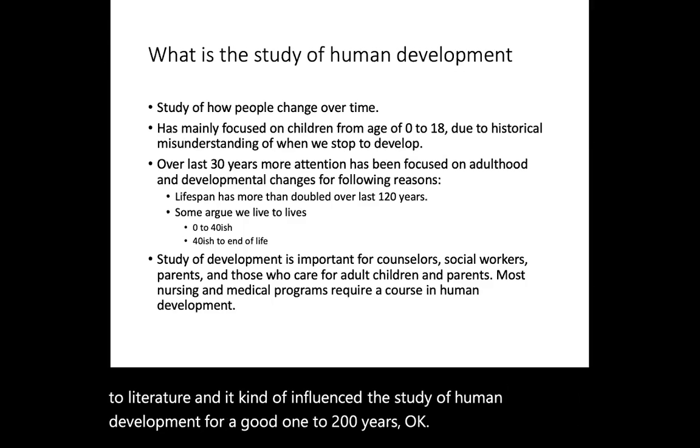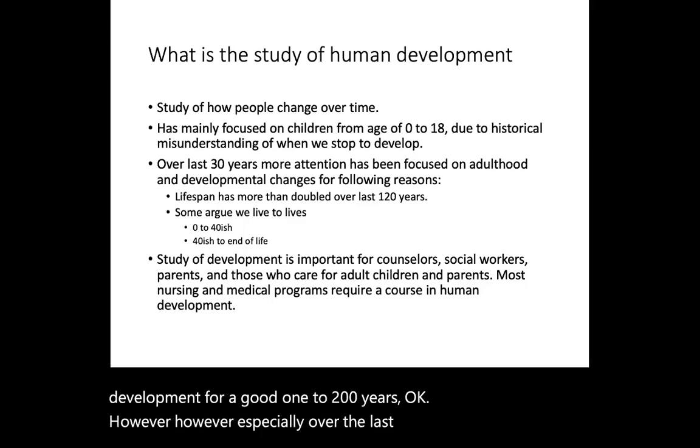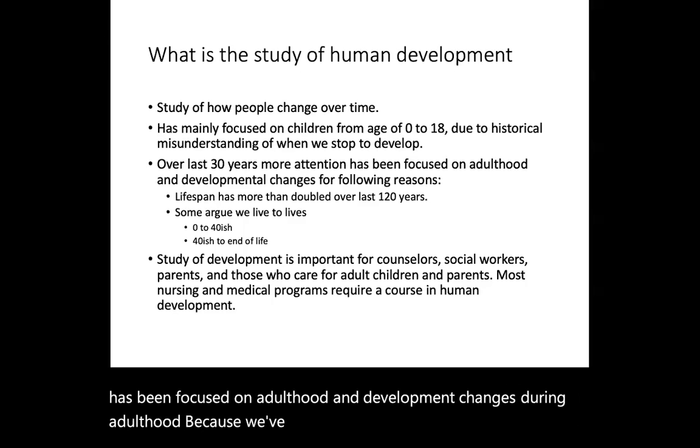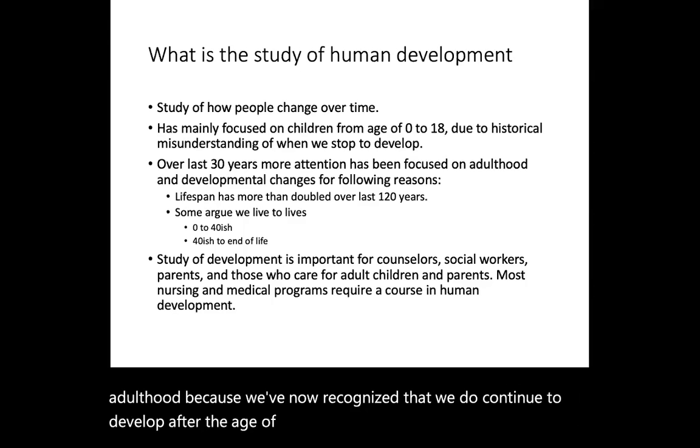However, especially over the last 30 years, more attention has been focused on adulthood and developmental changes during adulthood, because we've now recognized that we do continue to develop after the age of 18. We have personality changes and intelligence level changes.